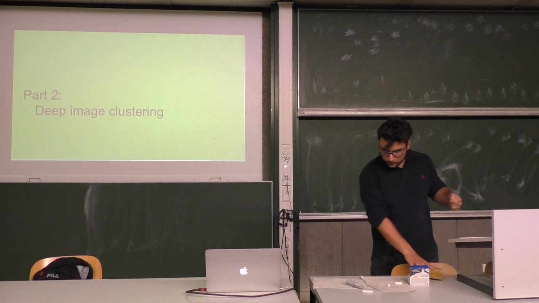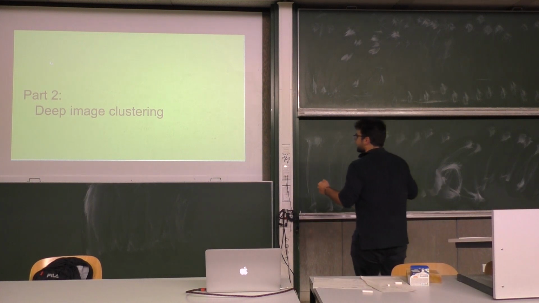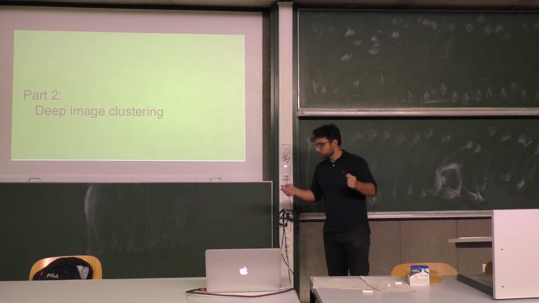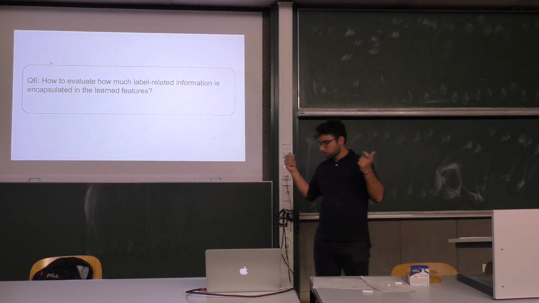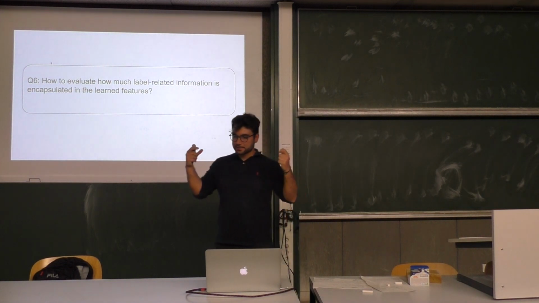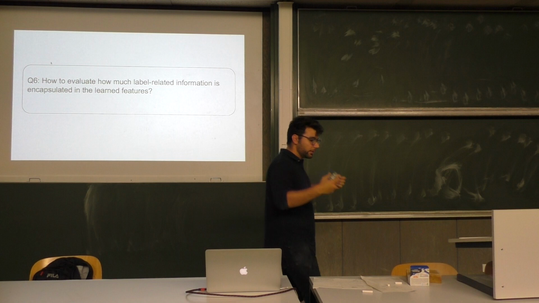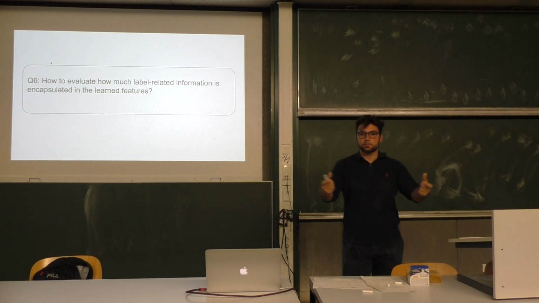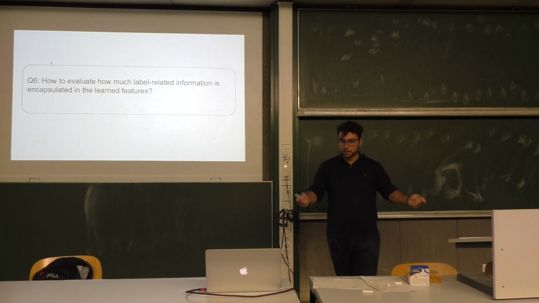So now we will talk about image clustering. Let's start from the definition. Actually, let's take a step back and consider why we have a bunch of models. We will see different pre-training methods, pretext tasks, objectives.